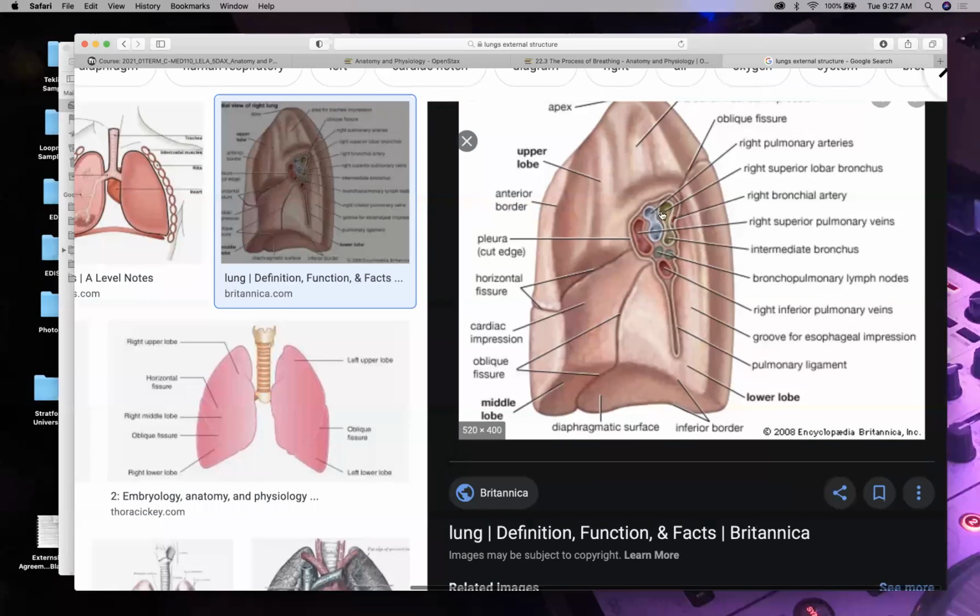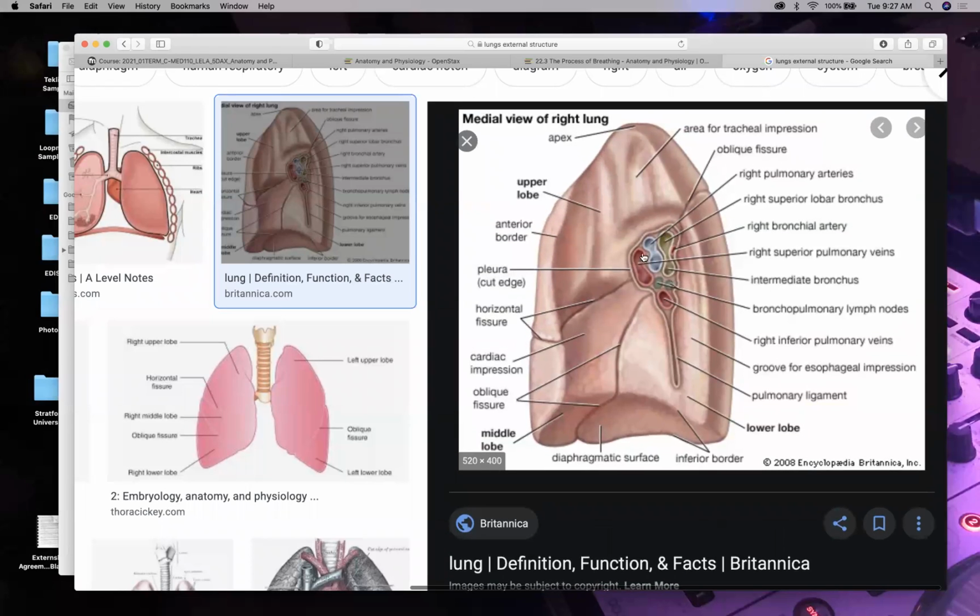What are the structures that go in and out of the lung? But just remember, the pulmonary circulation is backwards. So this colored red, and of course in real life that's not colored yellow, blue, or red. You have your pulmonary vein and your pulmonary artery. Your pulmonary artery is deoxygenated. Your pulmonary vein is oxygenated.